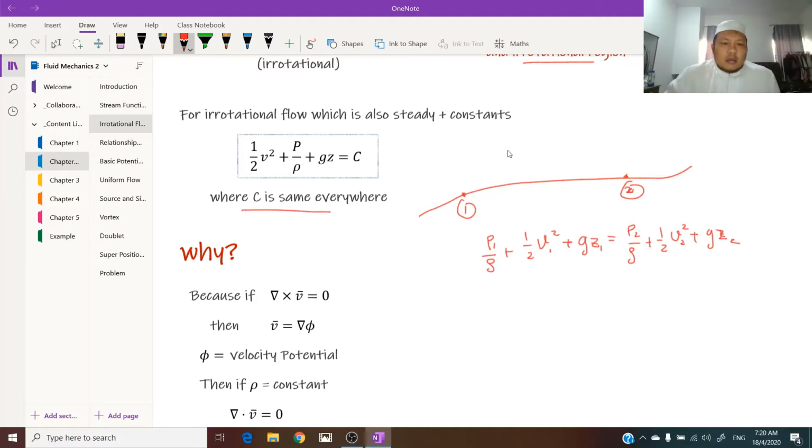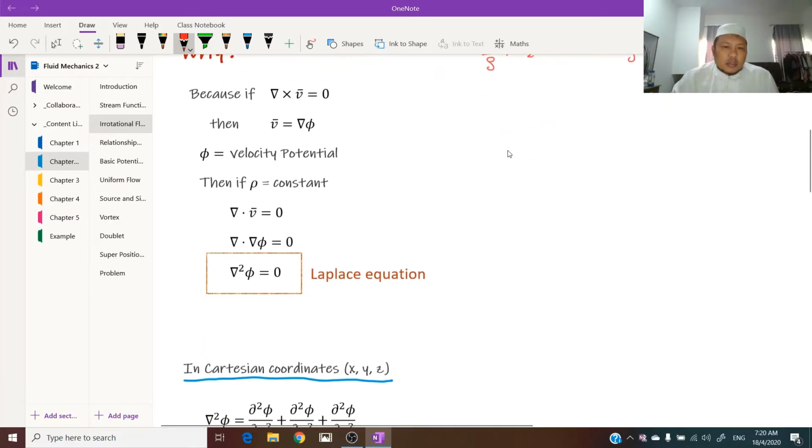So why does this happen? From what I explained before, del cross V is equal to 0 for the irrotational case. So we can have V equal to del phi, where phi is the velocity potential.